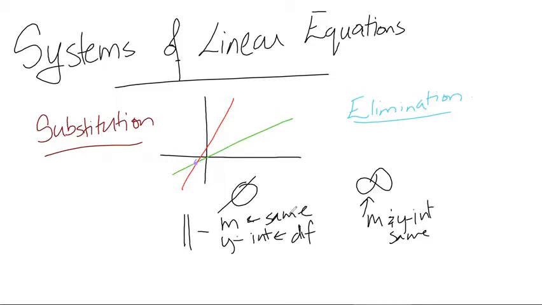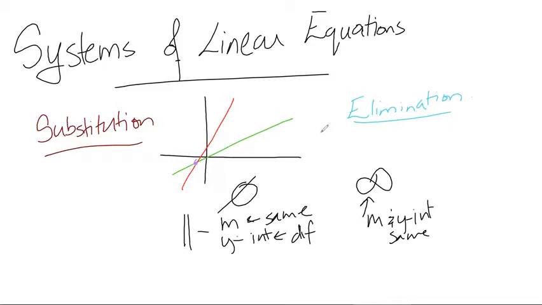So there are a number of ways to solve a system of equations, but we're only going to be focusing on the two most common methods, which are substitution and elimination. In the substitution method, we would be utilizing one of the equations from the system to solve for one variable in terms of the other, and you just plug this expression into the other equation, substituting for the variable.